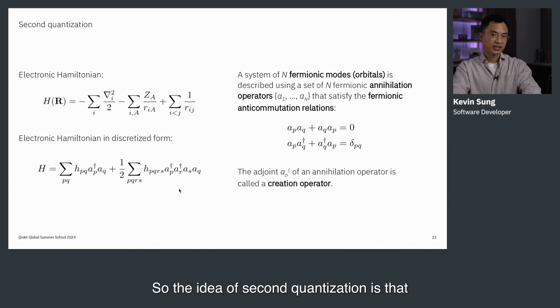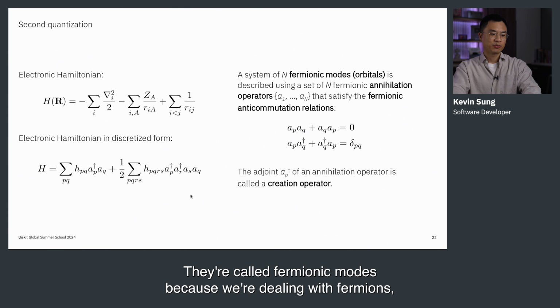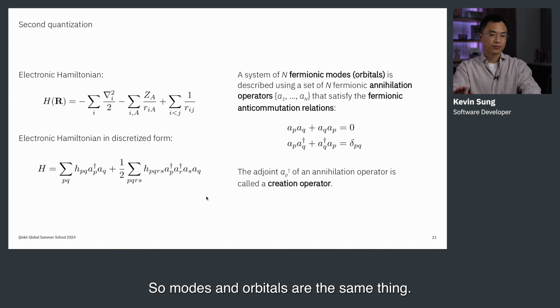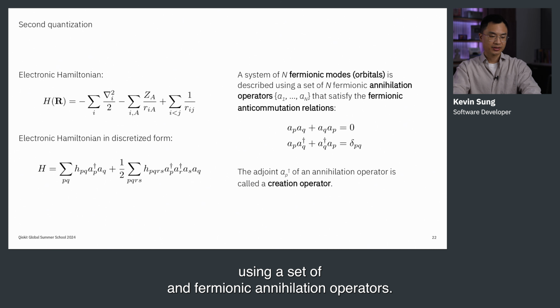The idea of second quantization is that electrons will be described by a system of fermionic modes. They're called fermionic modes because we're dealing with fermions, which is the category of particles that electrons belong to. A system of n fermionic modes, or orbitals, (modes and orbitals are the same thing; the terms are interchangeable) is described using a set of n fermionic annihilation operators.